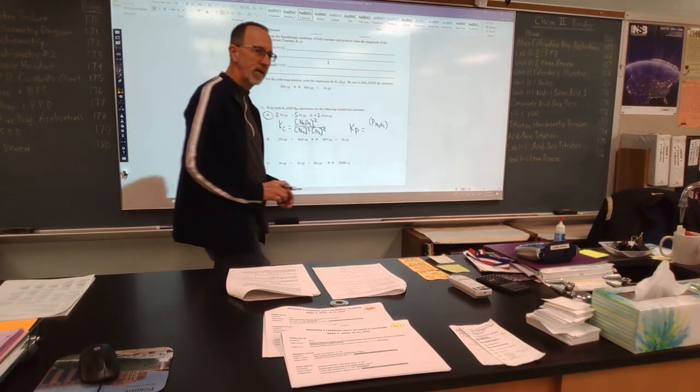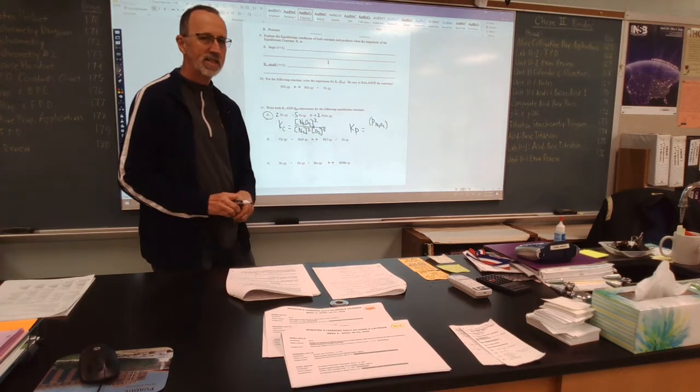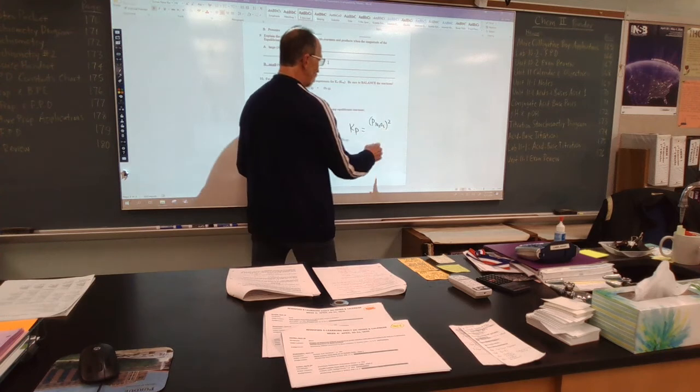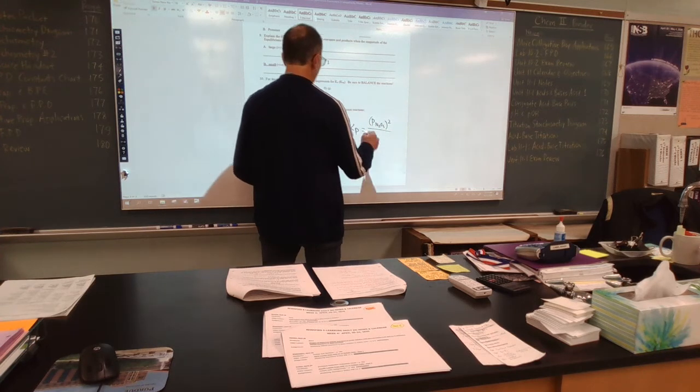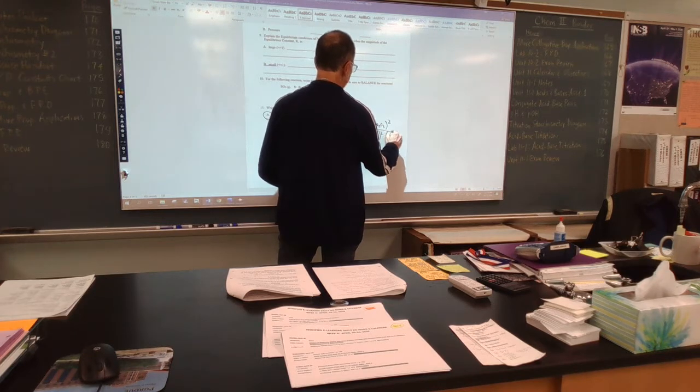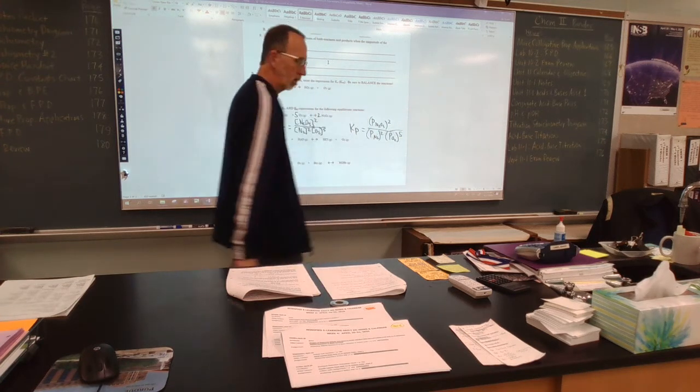I just have that in parentheses now. Remember, brackets means concentration, so we don't use brackets there. It's still squared over the pressure of N2 squared times the pressure of O2 to the 5th power.